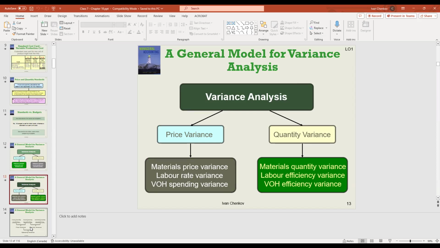The quantity variance for direct material we're going to call direct material quantity variance. For labor it's going to be called direct labor efficiency variance. And for the variable overhead it is going to be variable overhead efficiency variance.